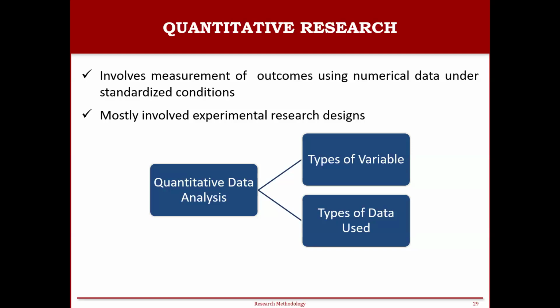And under quantitative study, we may use different types of data, right? The independent variables and the dependent variables can be used. There are types of data and types of variables. Under types of variables, we have independent and dependent variable.